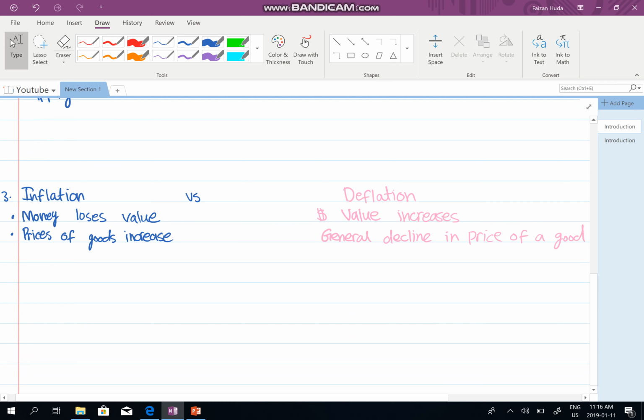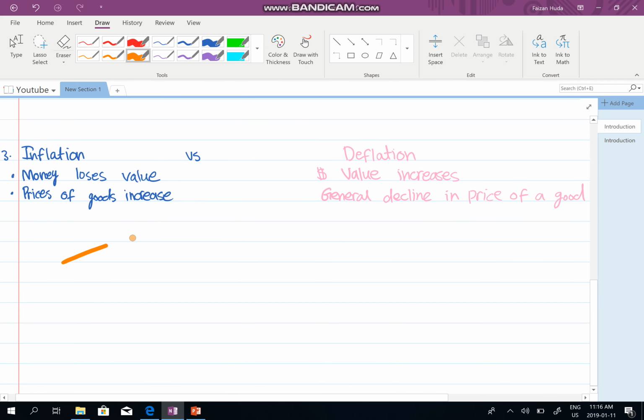So moving on, we'll be talking about inflation. Inflation happens when our money loses its value. An example of our money losing its value is this. Imagine your grandpa had a $10 bill, and he stuffs this $10 bill in his old wallet in the year 1975, and then he forgets about it.